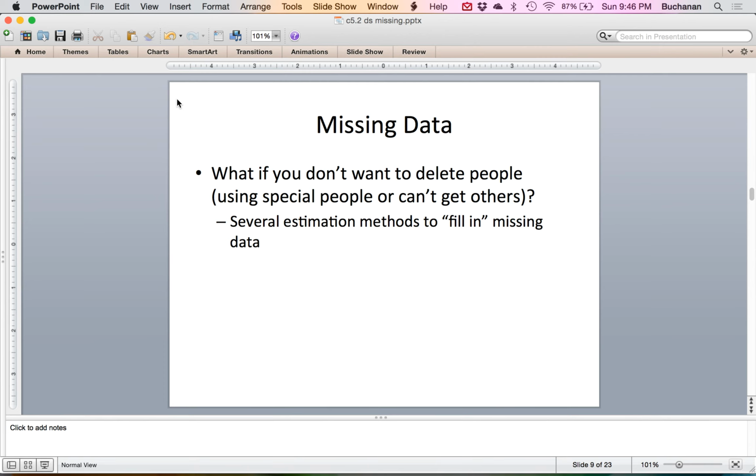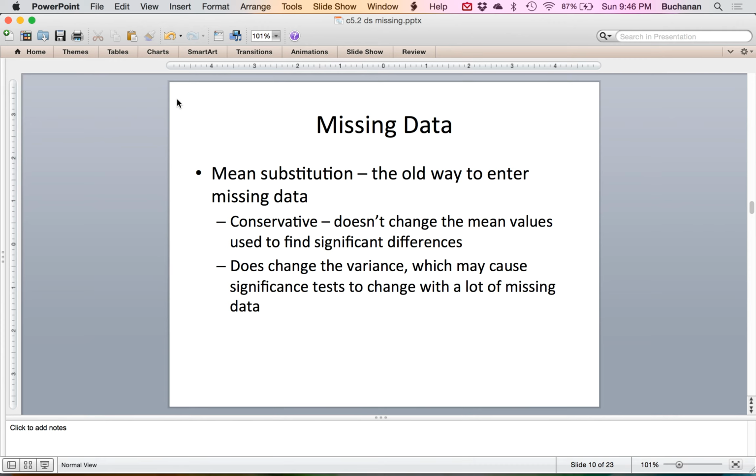So there are ways to estimate to fill in missing data. There are lots and lots of ways. I'm going to show you one of them. And it's probably, to me, one of the easiest ones that does most of the hard work for you. The most popular thing to do in the old days was mean substitution. Mean substitution is where you fill in the average for that particular column.